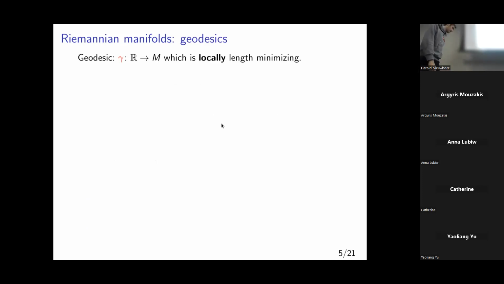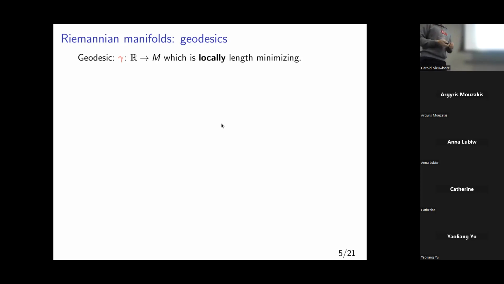Now, if you have a notion of distance and length of curves, you can also define the analog of straight lines in Euclidean space. What straight lines in Euclidean space are is that, between any 2 points, or at least locally, a straight line is the minimum length path between the 2 points.